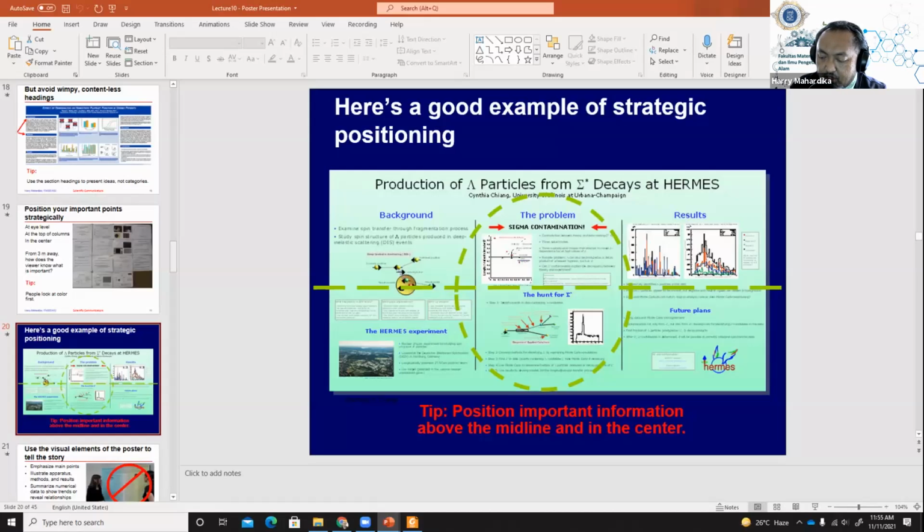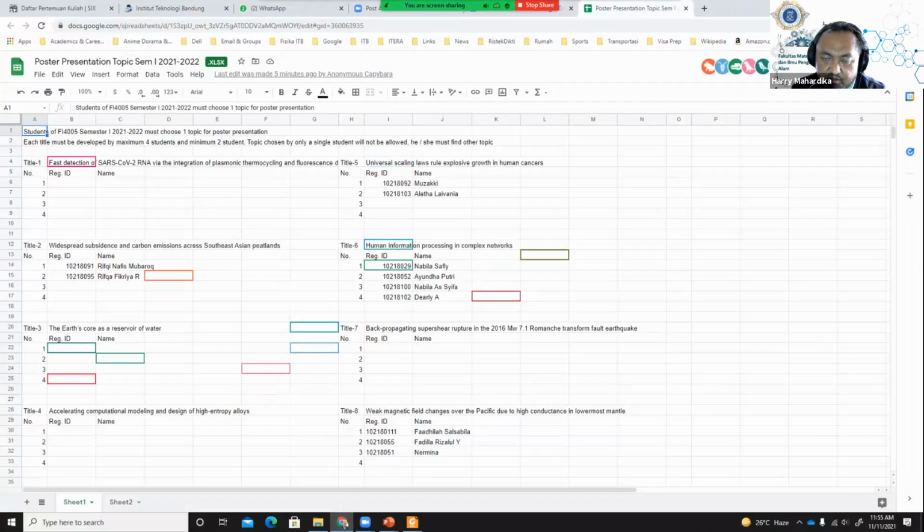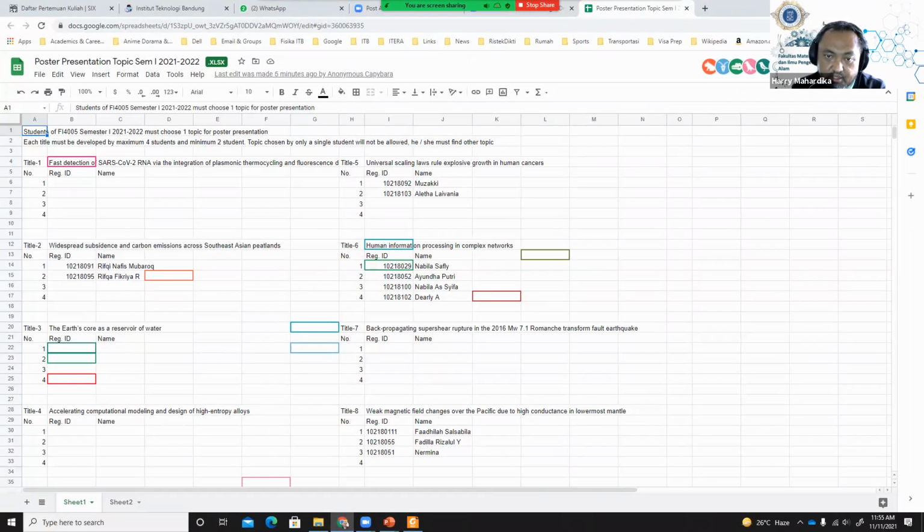So I need you to communicate often with the names here. After you fill your name into the spreadsheet, you need to communicate with the rest of your group members and decide which part you will study and take notes on for your poster presentation.